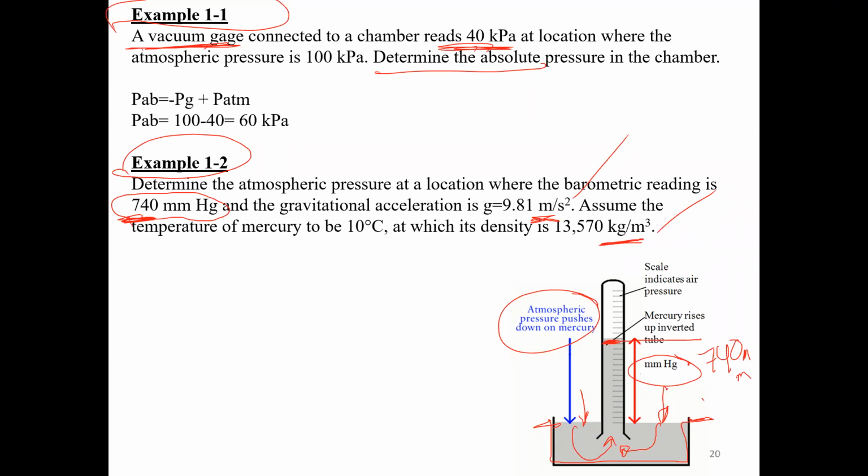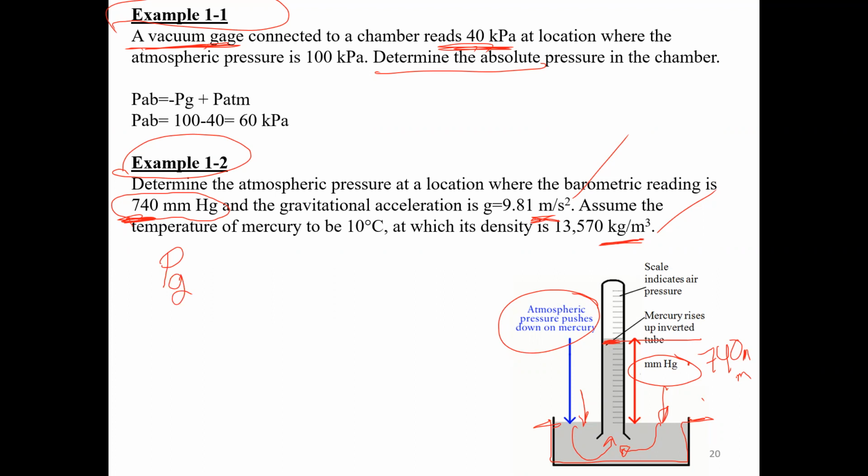Because the system is now open. Yes, we can find the gauge pressure. Yeah, so P gauge here is rho g h, because we are now in an equilibrium state.